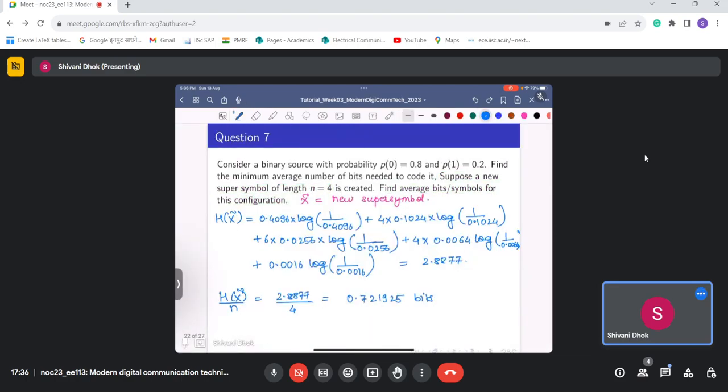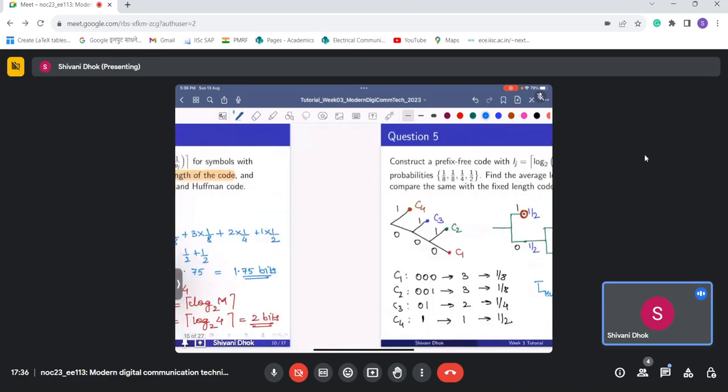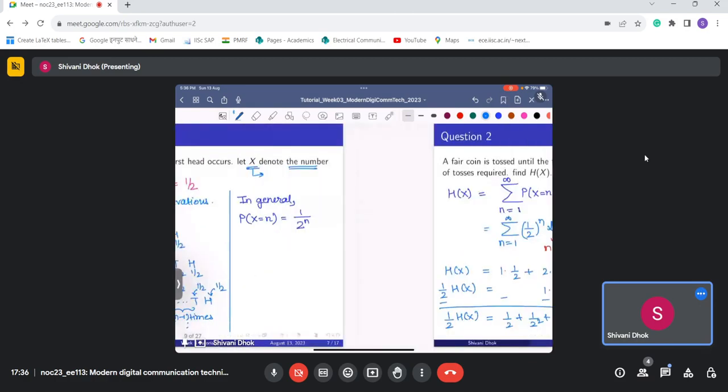So this thing is very close to H(x), and this is what we were also observing when we were discussing the fixed to variable length coding.